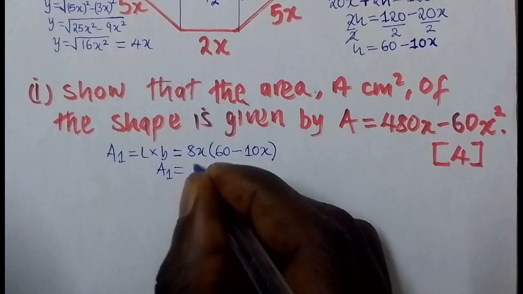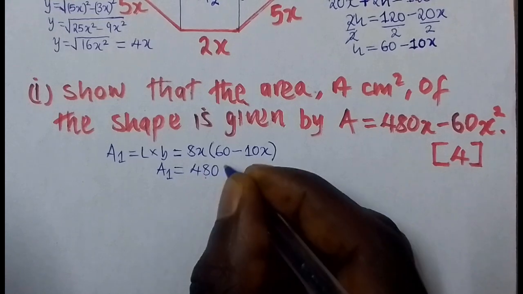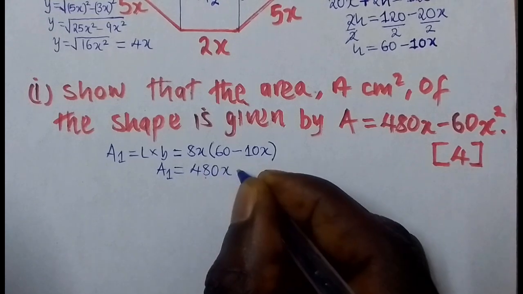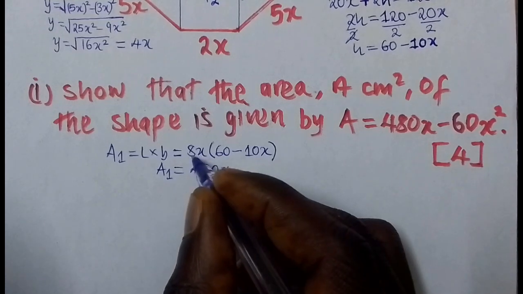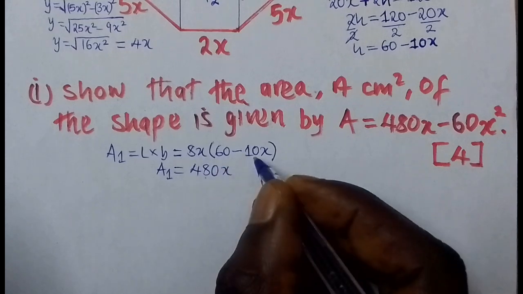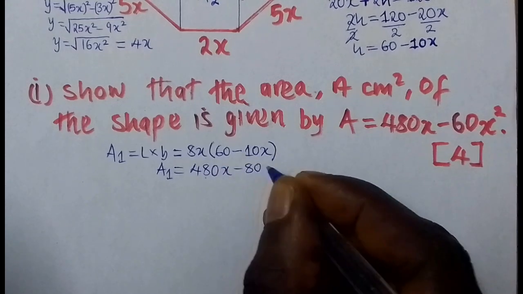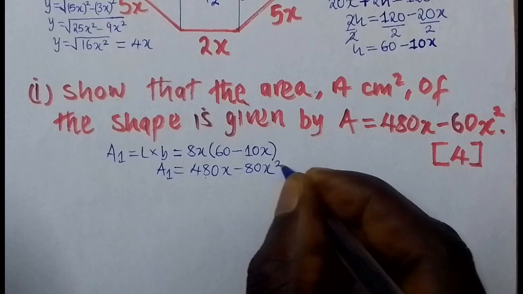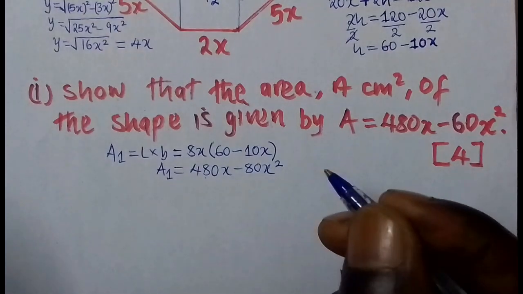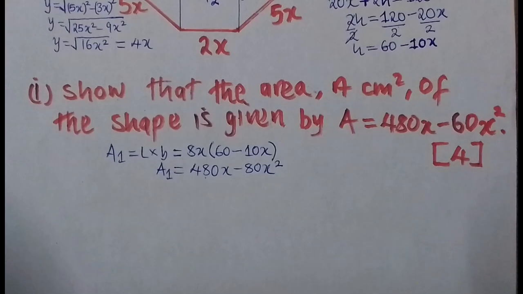This gives us 480x. Then 8x multiplying negative 10x gives us negative 80x square. So this is what we're getting for the area of a rectangle.